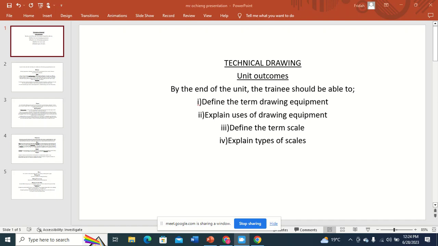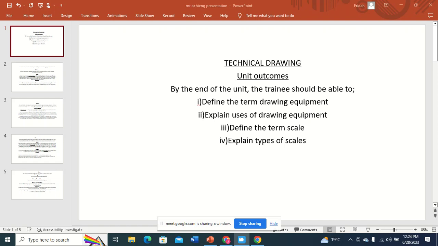A ruler. T-square. Set square. That's good. What about a rubber? Okay, fine. So those are some of the instruments that we use when we are drawing.